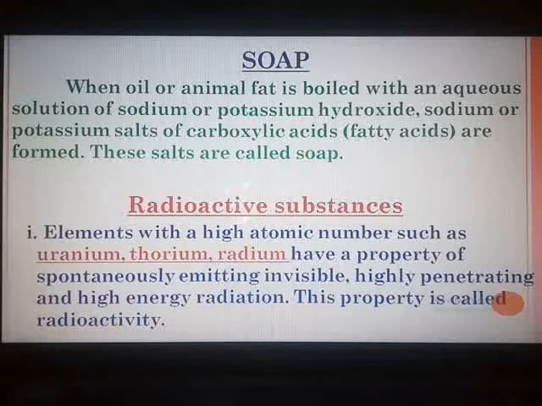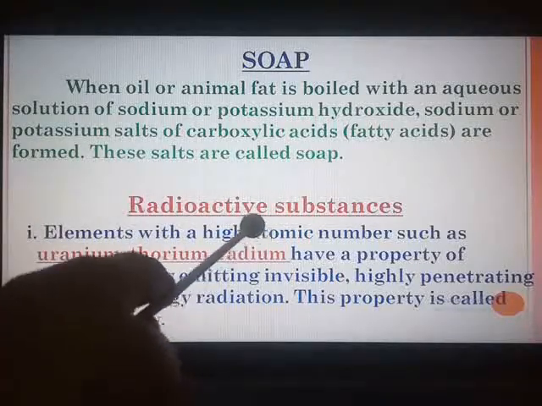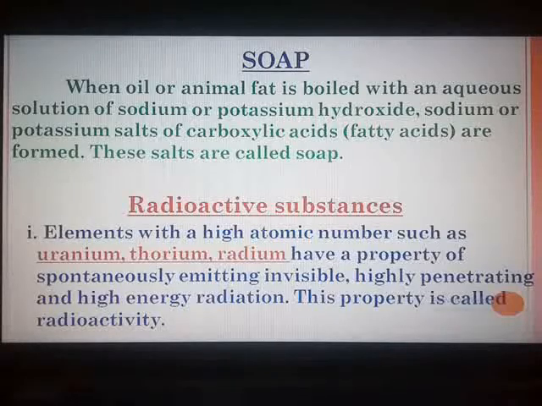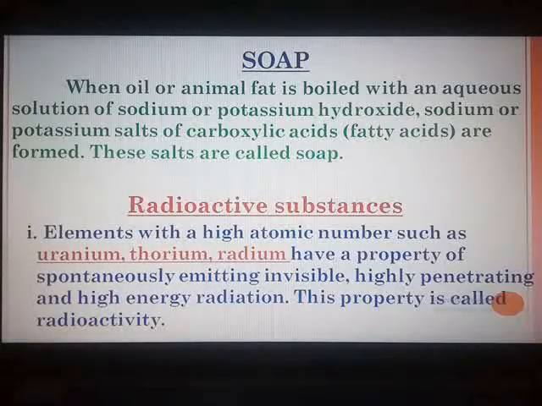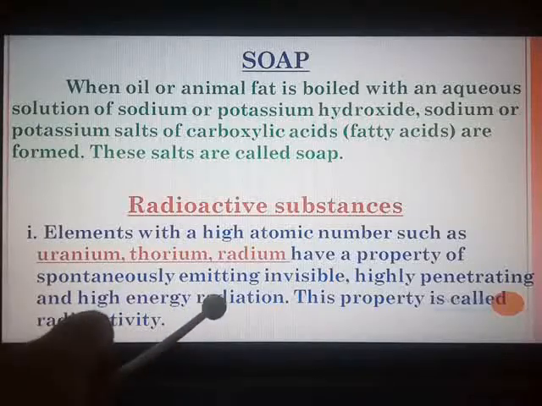There are some of the elements in nature which have a high atomic number. You have studied about the elements that they have atomic mass, they have atomic number. There are some elements which have high atomic numbers. Examples are uranium, thorium, radium, which have the property of spontaneously emitting invisible, highly penetrating and high energy radiation.